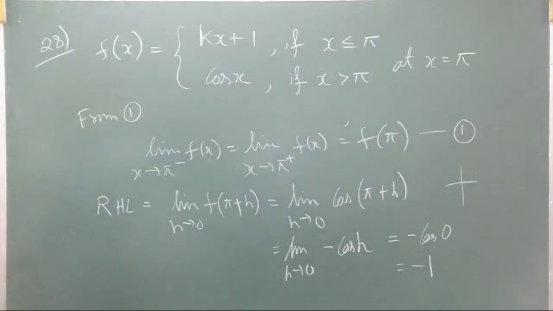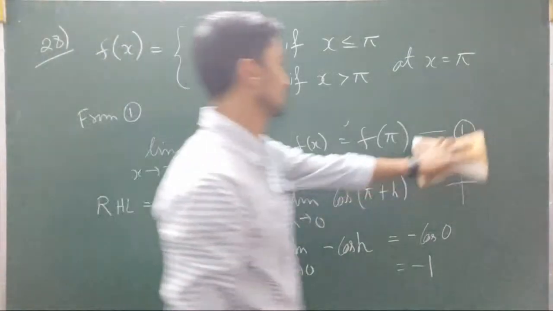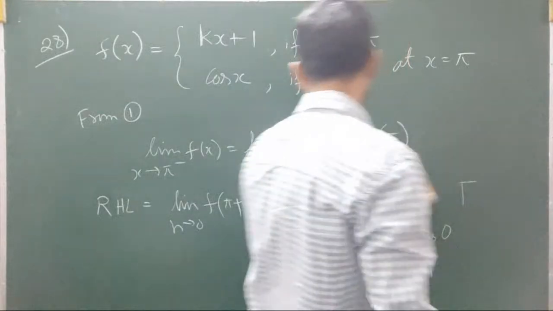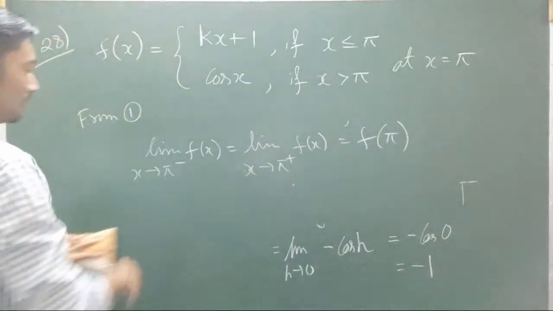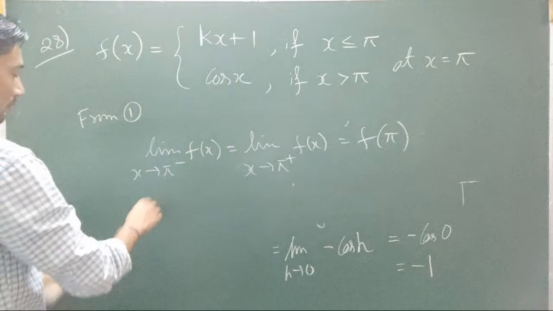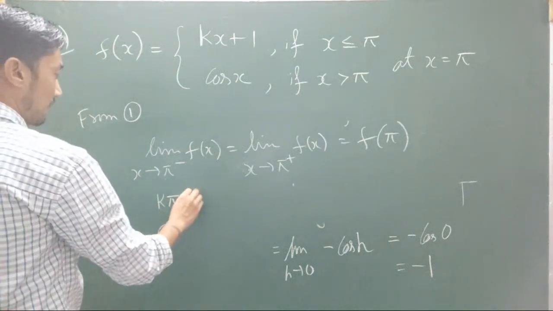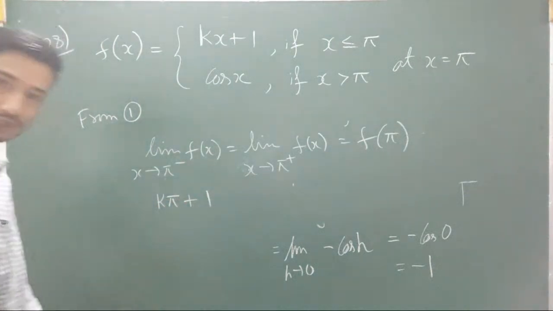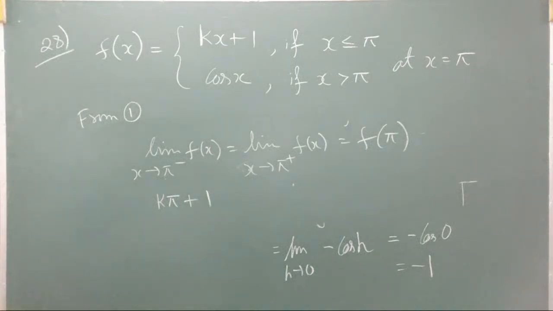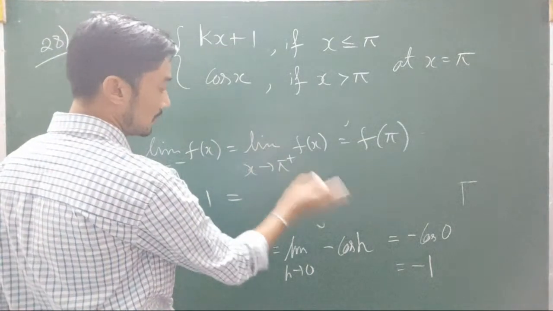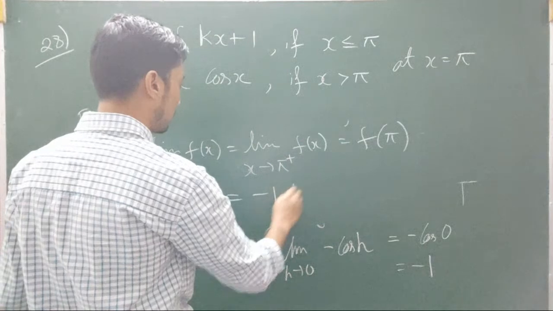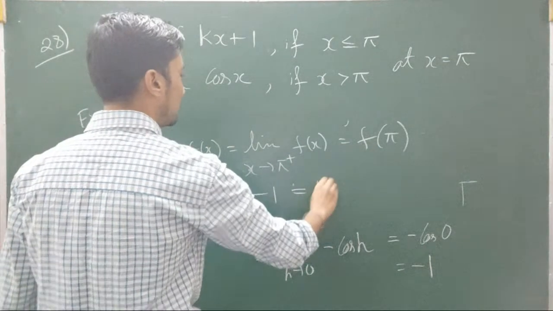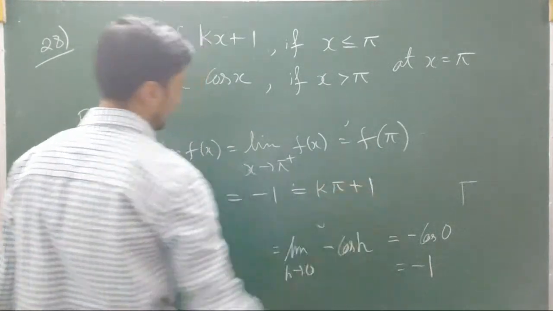So from equation 1, what do we have? Our left hand limit was k pi plus 1. The right hand limit, we get minus 1. And the value of the function at pi is again k pi plus 1.